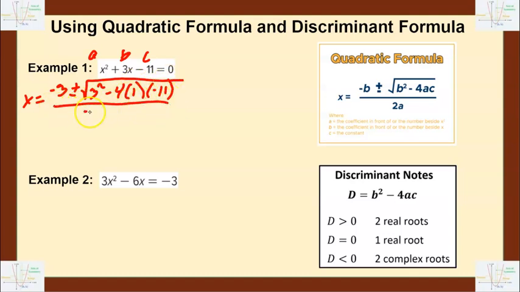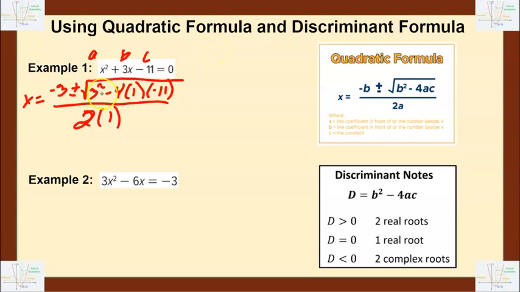All that we're going to divide by 2a, which would be 2 times 1. Now the first thing I'm going to do is use the discriminant part. Actually no, I'll do the discriminant part at the very end.